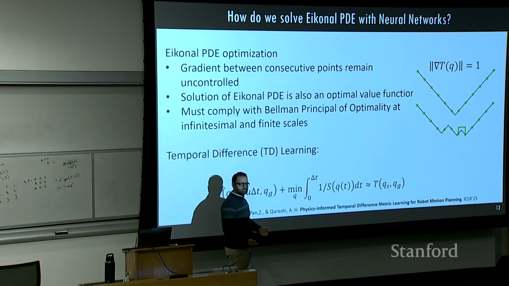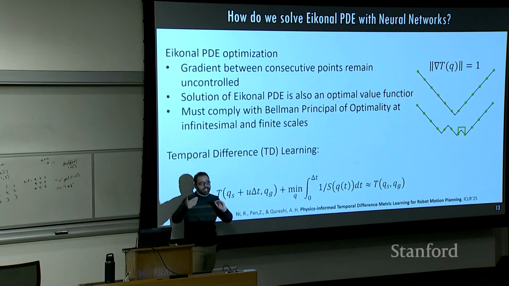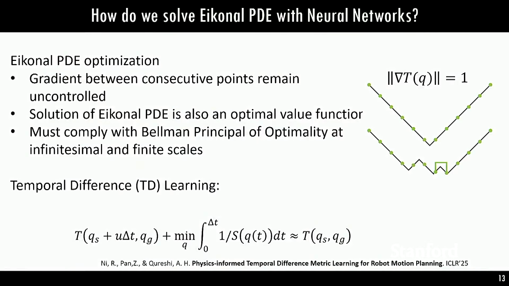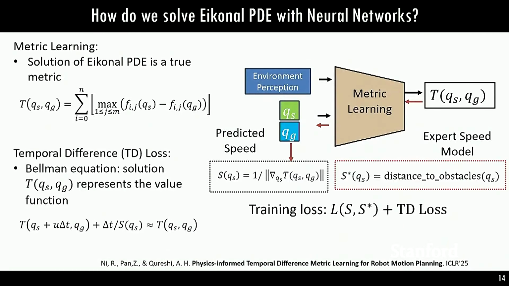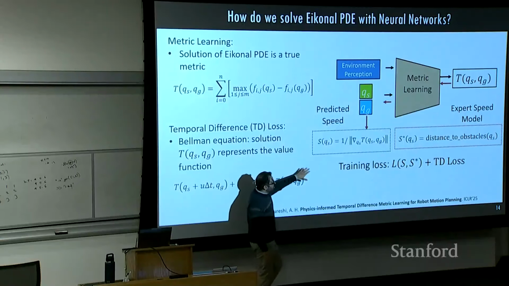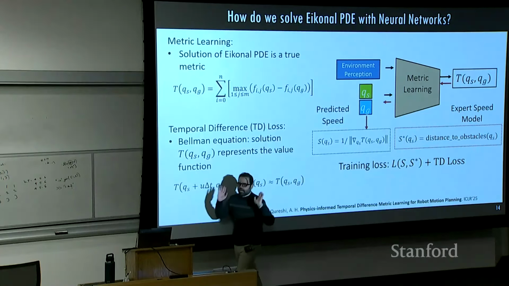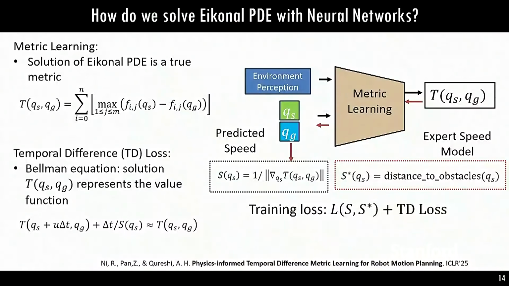So that's your next state. Okay? And we can analytically compute that gradient. So then we combined our gradient matching loss with this TD loss, and then this model was able to perform really well. We were able to scale it to very high dimension problems that I will show you shortly.